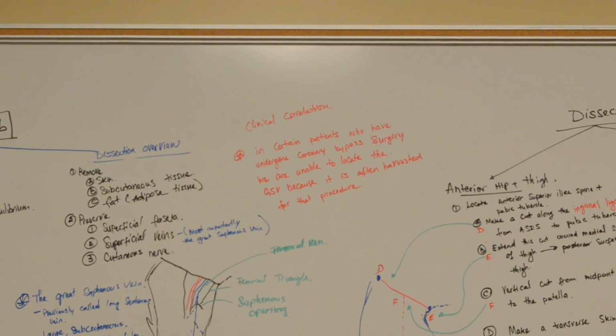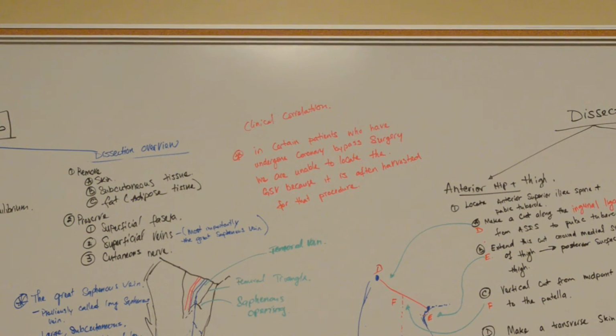So we see that in certain patients who have undergone coronary bypass surgery, we are unable to locate the great saphenous vein because it is often harvested for that procedure. So they took out that great saphenous vein for the coronary bypass, so we wouldn't be able to locate it in those patients.